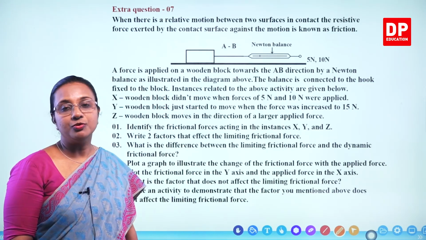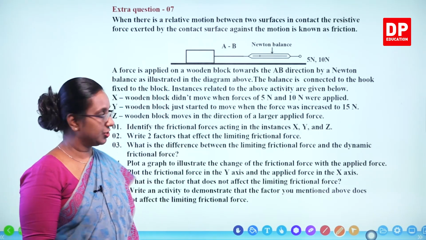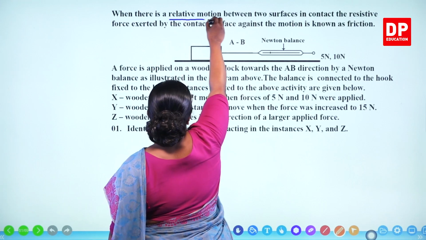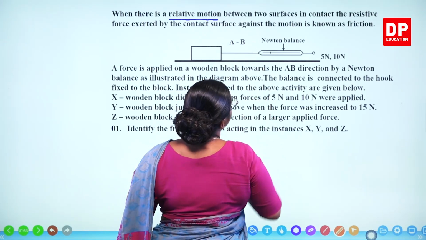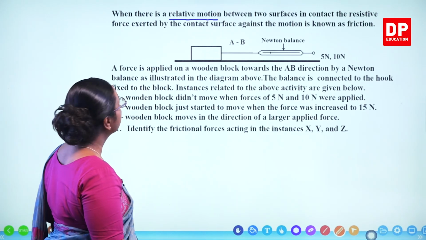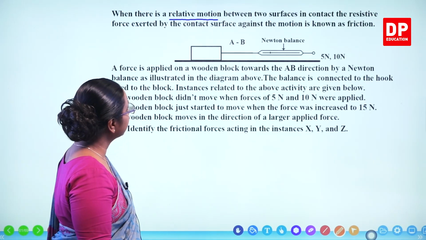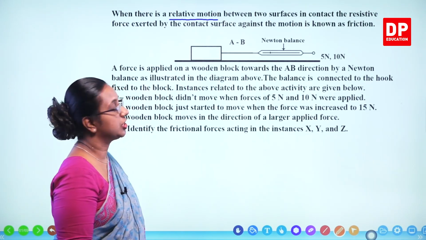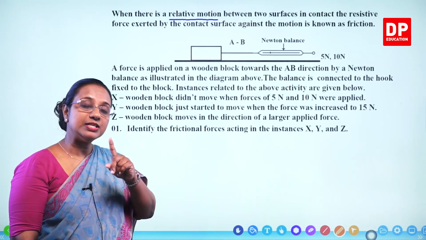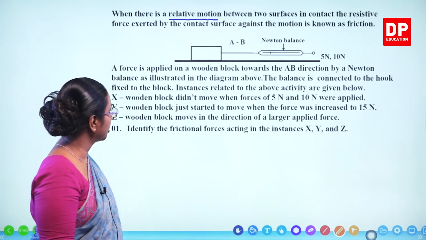Now let me move on to the first question. When there is a relative motion between two surfaces in contact, the resistive force exerted by the contact surface against the motion is known as friction. And that is one instance of friction.